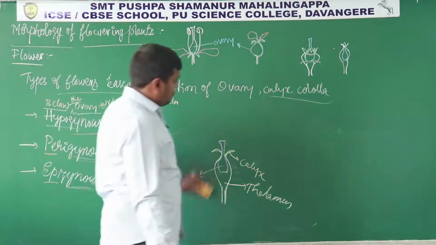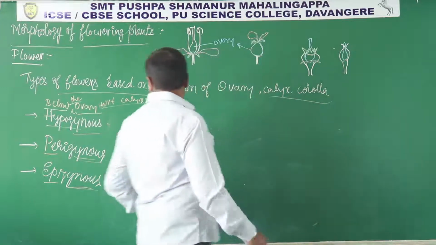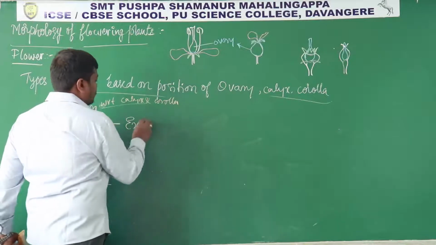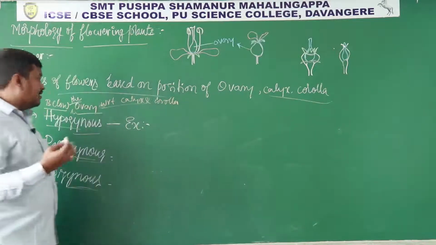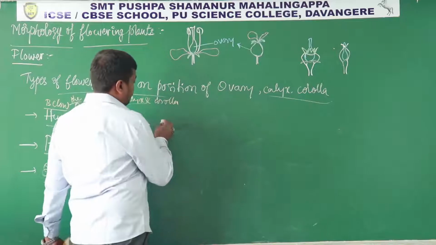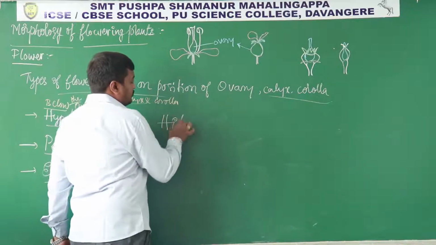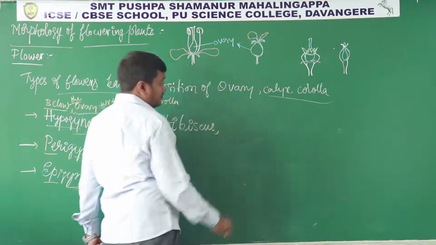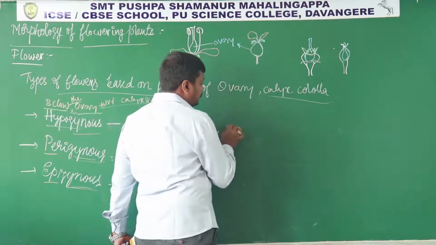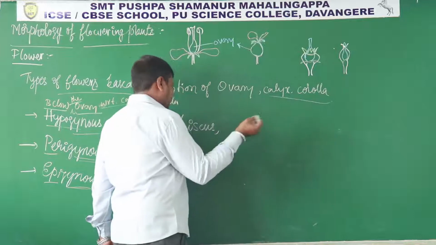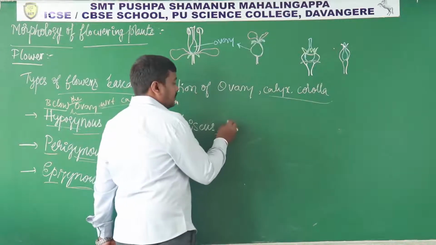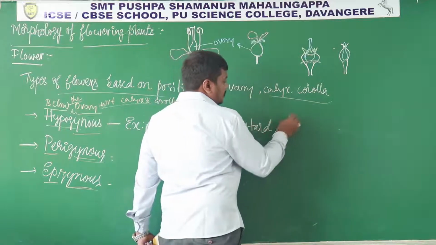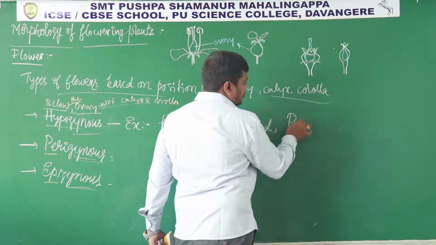So let me see some examples for epigynous, perigynous and hypogynous. For hypogynous, many belong to this category, like hibiscus, then most of the common plants we find, then mustard, pea plant.